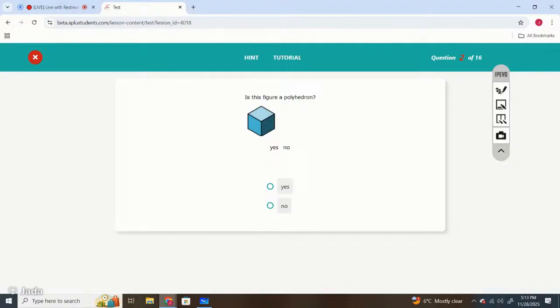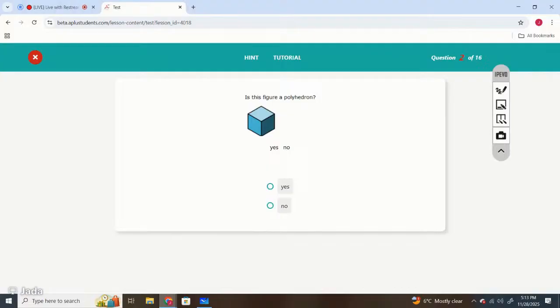Is this figure a polyhedron? Yes, this is a polyhedron.